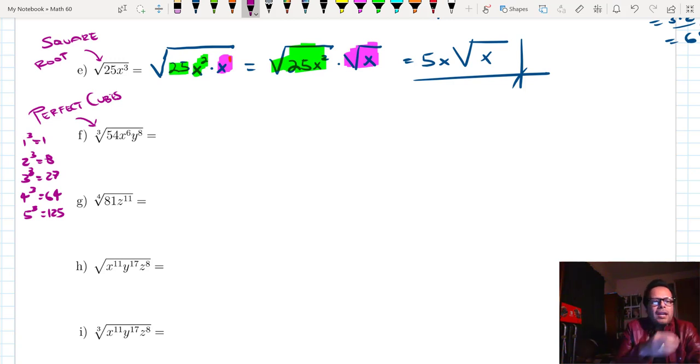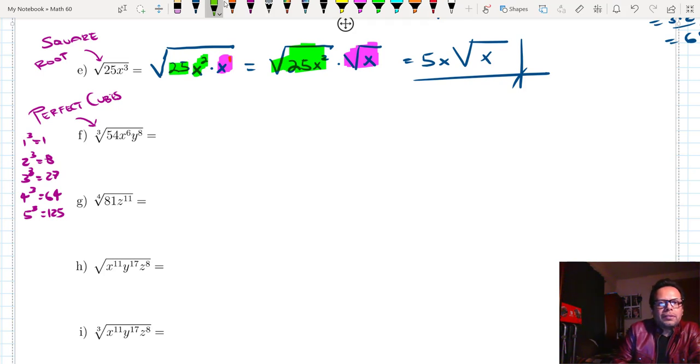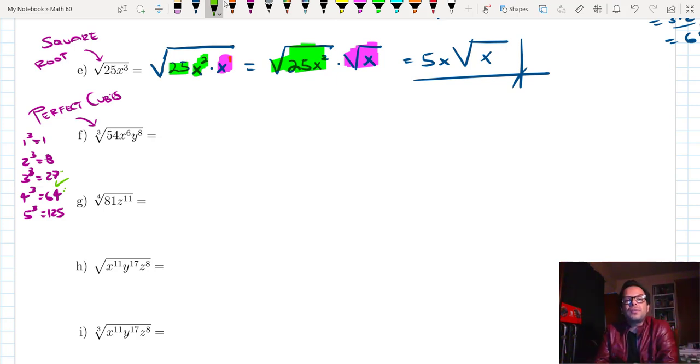Now notice this 54 right here. This 54 should be between 27 and 64. So let's try to factor the number 54 in a way that one of the factors is a perfect cube, because it is clear that the number 54 is not a perfect cube because there's no integer whose third power equals 54.